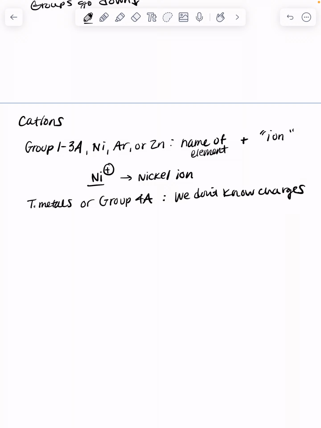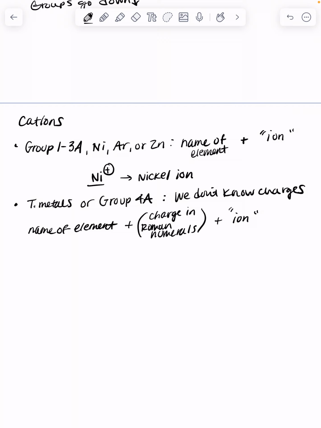So here, with any of these, we will start with the name of the element, per usual. Then we're going to add the charge in Roman numerals in parentheses. And then we just add the word ion, right? So kind of the same, but this time we are adding the charges.